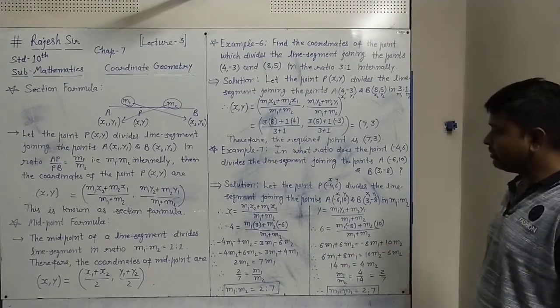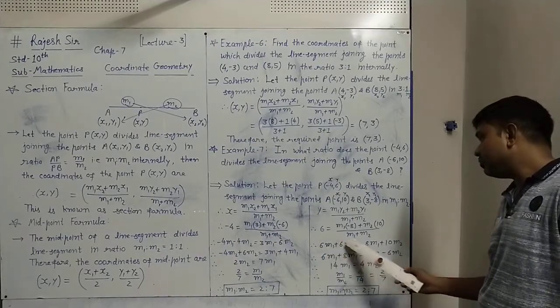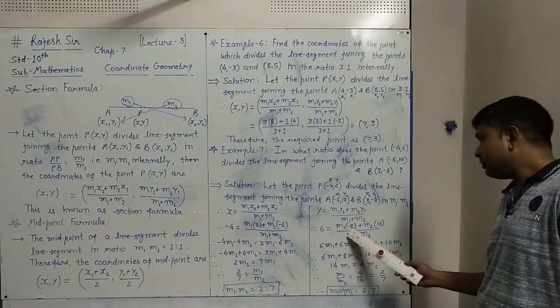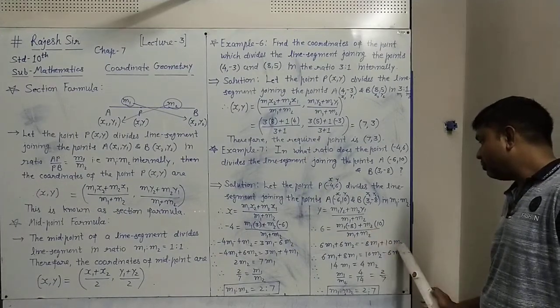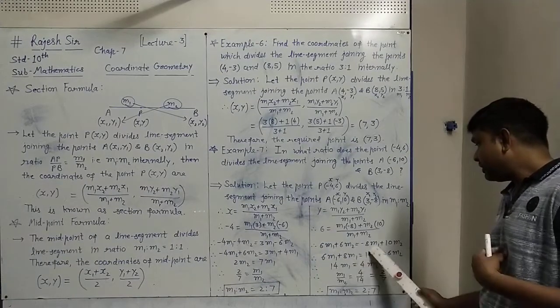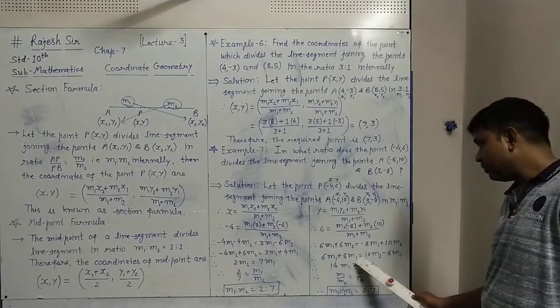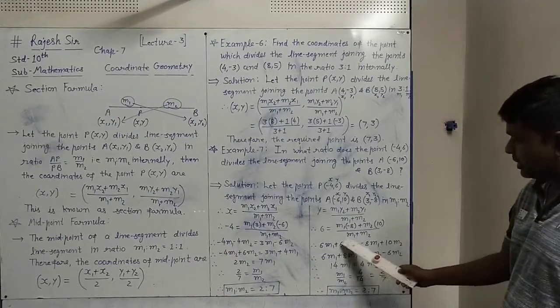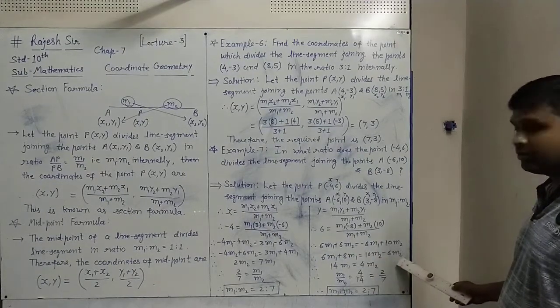Take it to the left side with multiplication of 6. 6 into m1 is 6m1, plus 6 into m2 is 6m2, equals minus 8 into m1, minus 8m1, plus 10 into m2, 10m2. So here 6m1 as it is, minus 8m1 will be taken on the left. It will be plus 8m1 equals 10m2 as it is. This plus 6m2 on the left is taken to the right. It is minus 6m2 with the sign change.